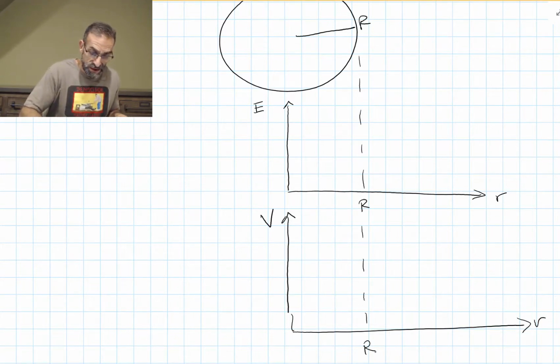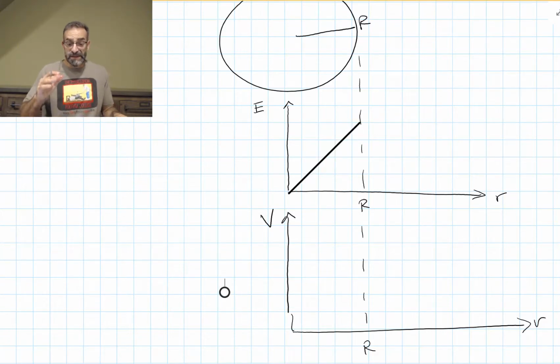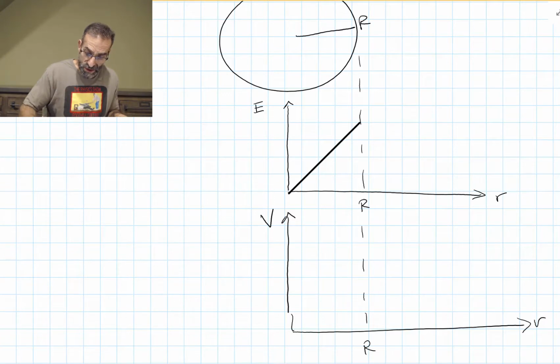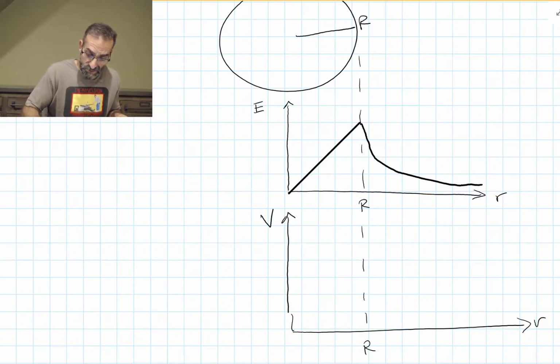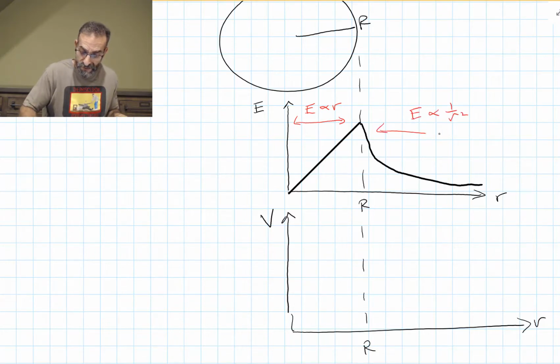The electric field starts at 0 and increases linearly until you get to the surface of the sphere, and then it drops off as 1 over r squared as you move away from the sphere. So the electric field inside is proportional to r, and the electric field outside is proportional to 1 over r squared.